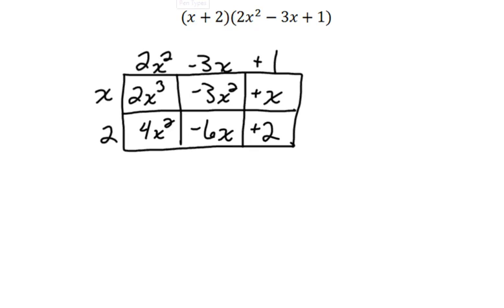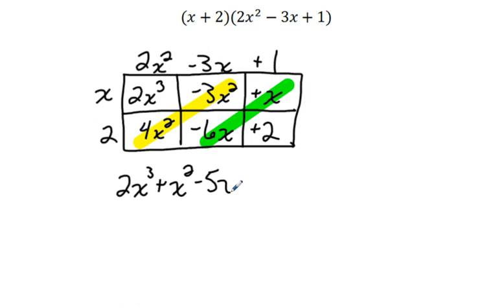Now I'm going to be combining like terms, which once again, those are found in the diagonals. So my final answer is going to be 2x cubed. And then 4x squared minus 3x squared gives me positive x squared. Negative 6x plus x is negative 5x, so it's minus 5x plus 2.